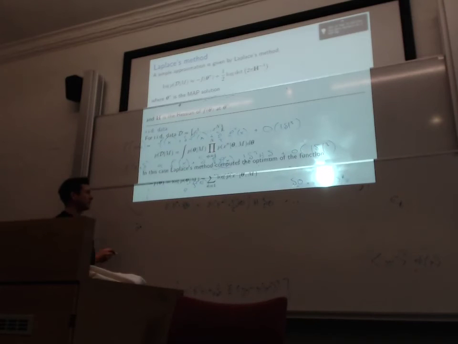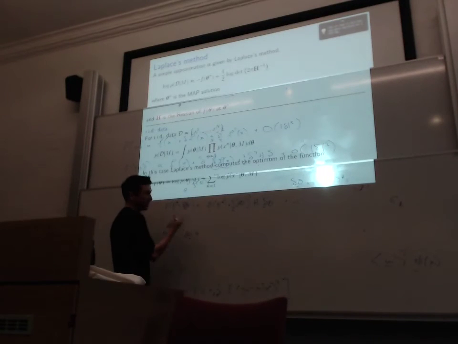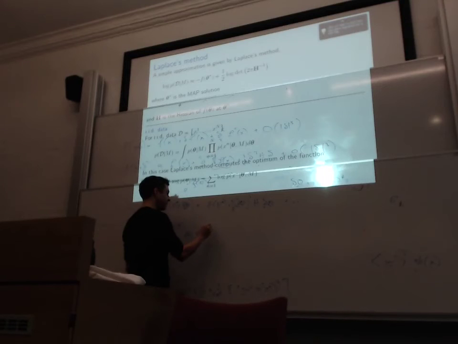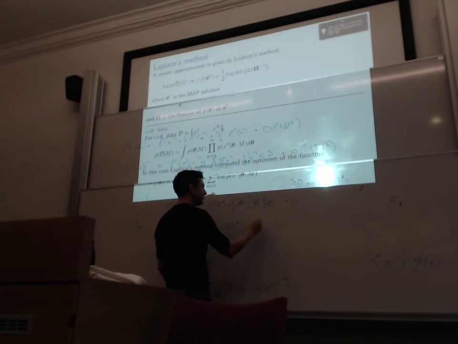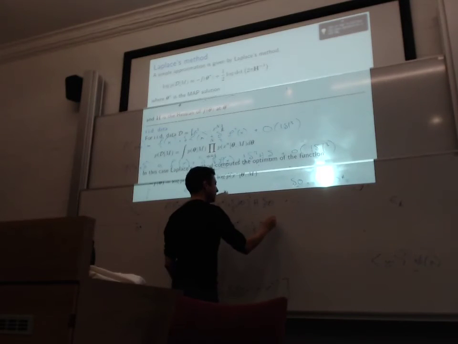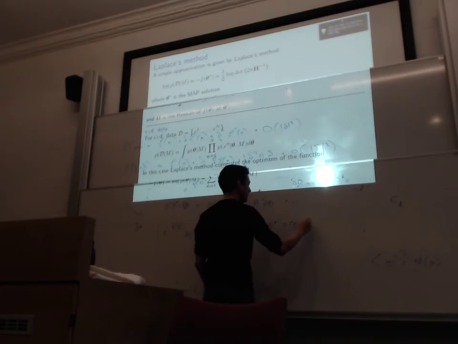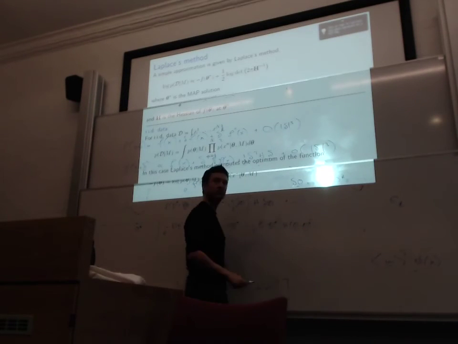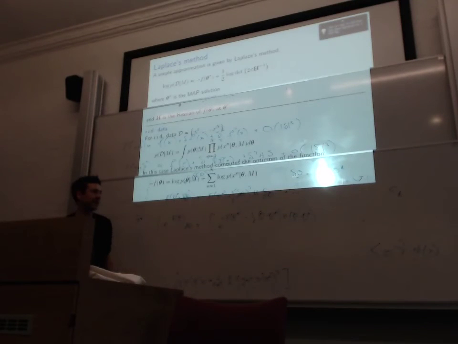Okay, so if I want to compute the integral of this thing over d theta, that's going to be approximately equal to, under this setting, the integral of e to the minus f of theta star minus 1 over 2 (theta minus theta star) transposed H (theta minus theta star), plus terms which I'm going to neglect.